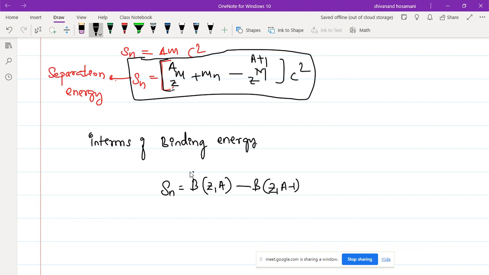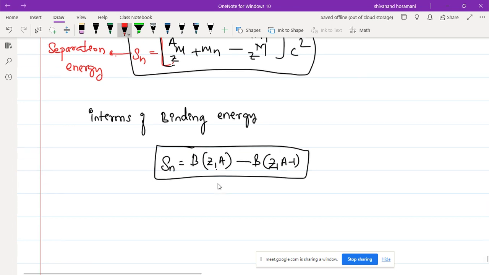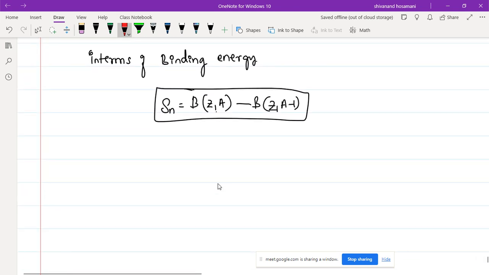This is in terms of binding energy. That is the neutron release or neutron capture.